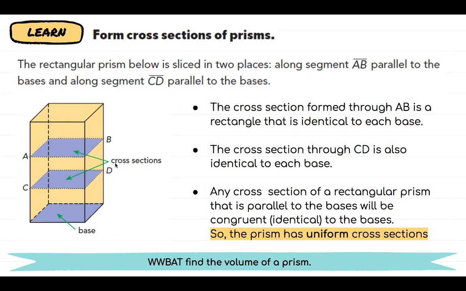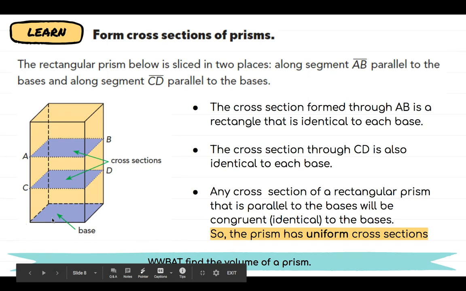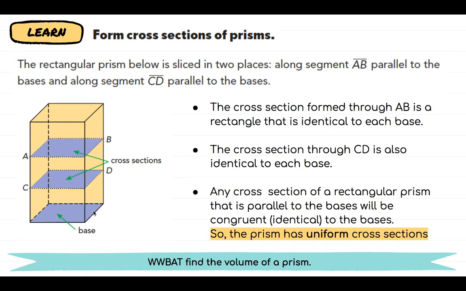Because AB and CD are parallel to the bases, they are identical. So this prism has uniform cross sections. By uniform, I mean that all the cross sections parallel to the base will look exactly the same.